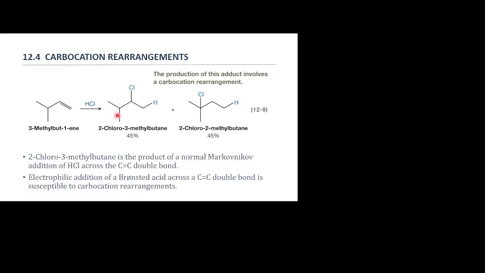If you were just going to say the Markovnikov addition product, you would have thought this was the major product, and you're not necessarily wrong, because it is the same amount. But when these products come out at the end, and you start doing melting points and trying to figure out what you have here, you're going to be really surprised that you have something else that's the exact same amount.